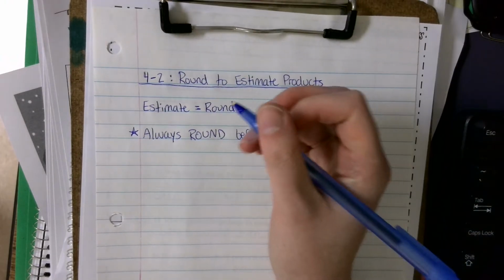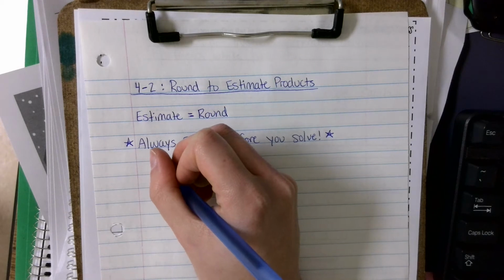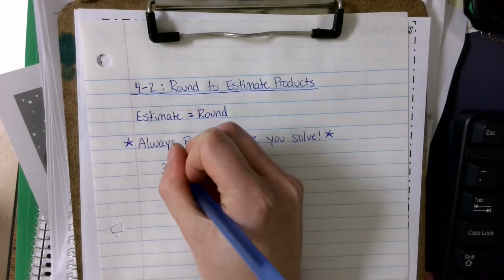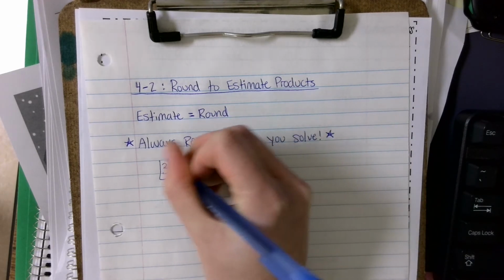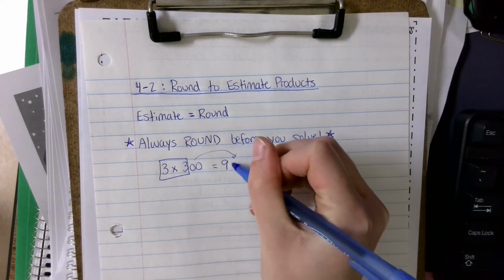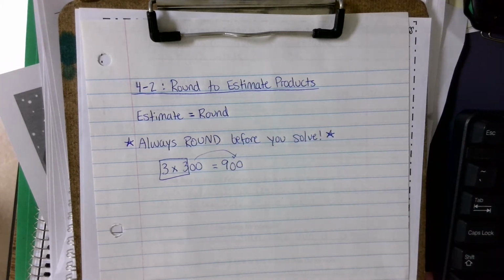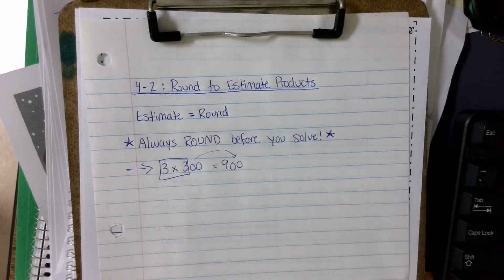An example of yesterday's problem would be something like, and you don't need to write this part down, 3 times 300. So we would do 3 times 3, which is 9, and then bring over the 2 zeros to make our answer 900. So our problems should look like this whenever we are rounding.